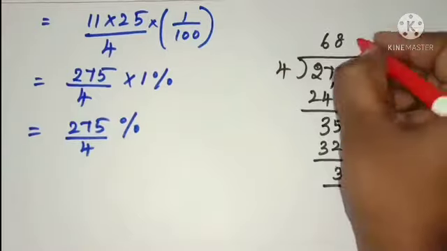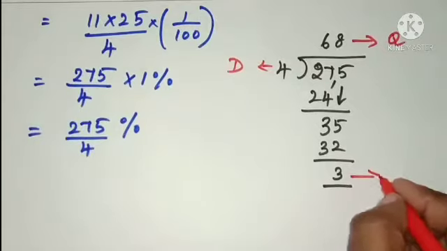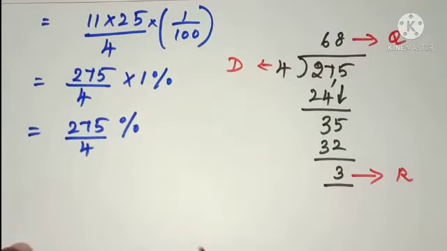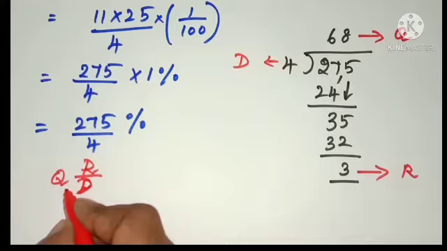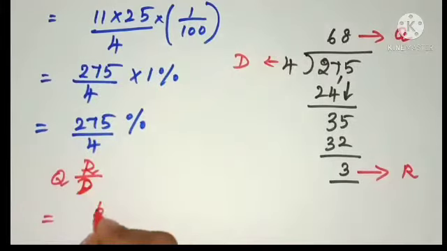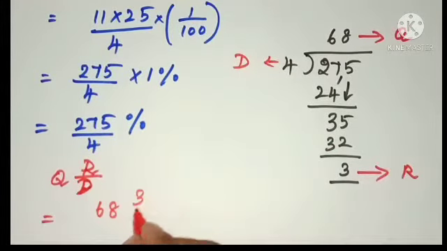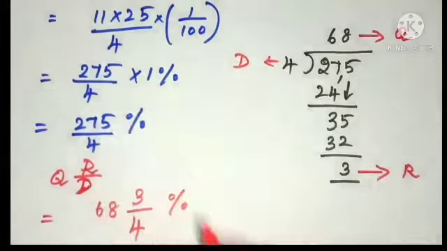So here 68 is quotient and 4 is divisor and 3 is remainder. We know that the general form of mixed form is quotient, remainder by divisor. So here quotient is 68, remainder is 3 and divisor is 4. Write down the percentage. So 68 3 by 4 percentage will be the percentage of squares that do not have pieces.